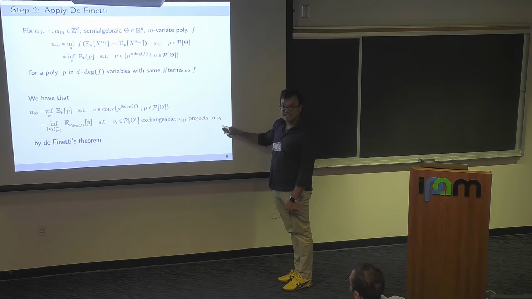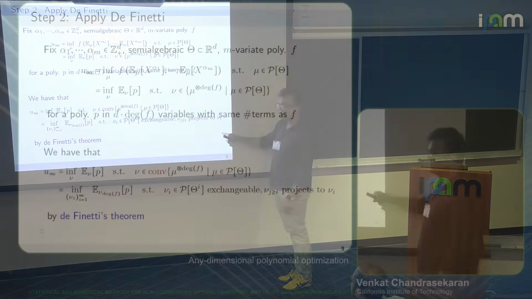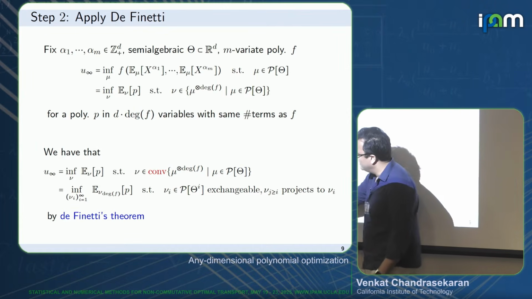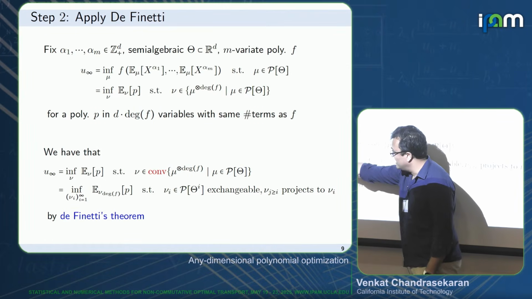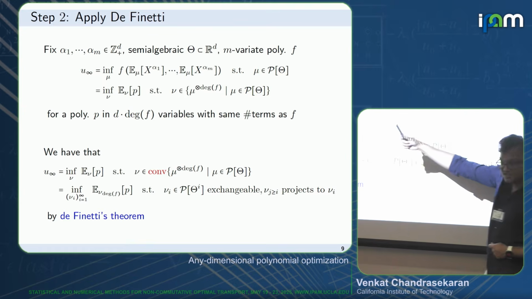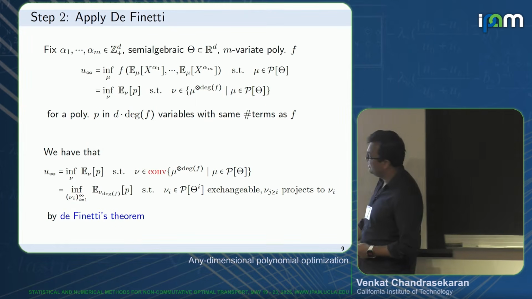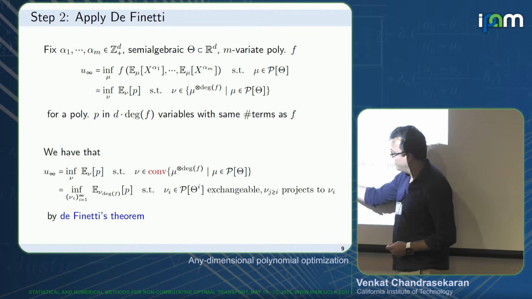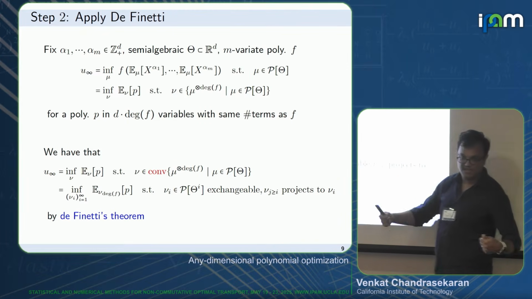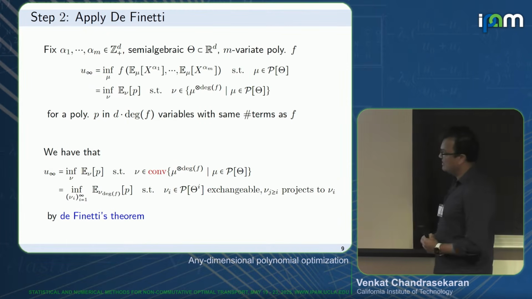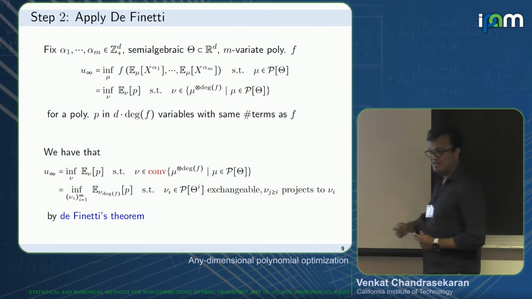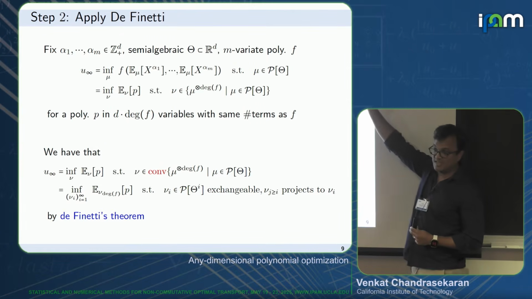And what you get is the second line by de Finetti's theorem, which is the decision variable now is not just a single measure, but a sequence of measures, nu_i. Nu_i is a probability measure on theta^i, that is theta product with itself i times, exchangeable, and it extends as a sequence.